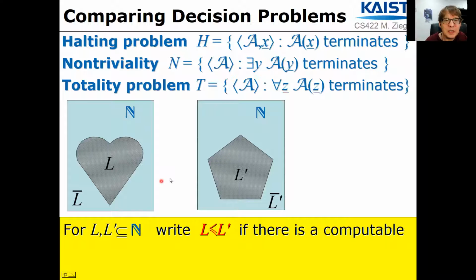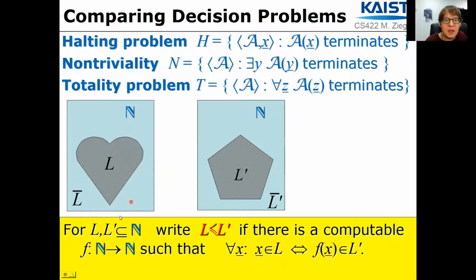Now, how can we compare these two decision problems? We compare by demanding that there exists a total computable function from these blue blocks to these blue blocks, from natural numbers to natural numbers, with the property that it maps the positive answers to the first decision problem, namely those x that belong to L, to positive answers to the second decision problem: f of x must then belong to the second decision problem, and vice versa.